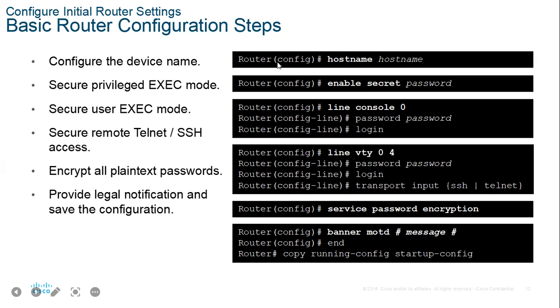It will give you this hash sign with config here. The next thing you want to do is type hostname. Hostname is the command, and then the name you want to call the router. If I want to call my router SOUTECH, I say hostname SOUTECH. If I want to call my router CCNA course or CCNA training, I say hostname CCNA course.